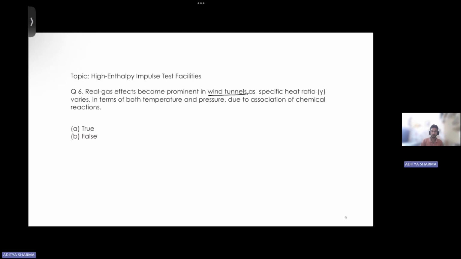So in the case of wind tunnels, the perfect gas model applies. But for shock tunnels, the real gas effects are prominent because gamma varies in terms of both temperature and pressure, because chemical reactions are linked to it.